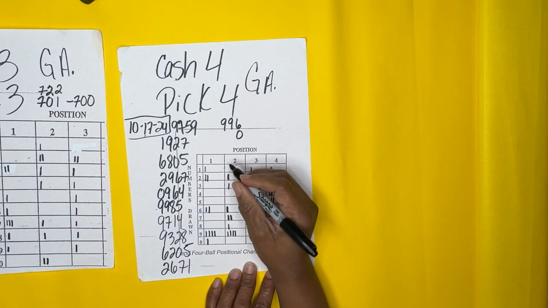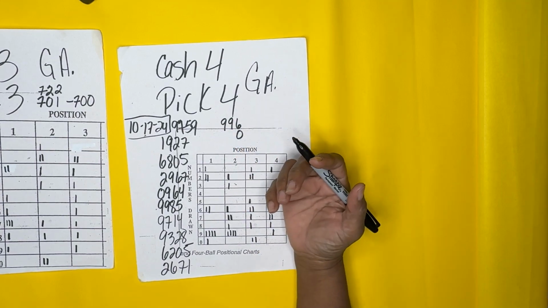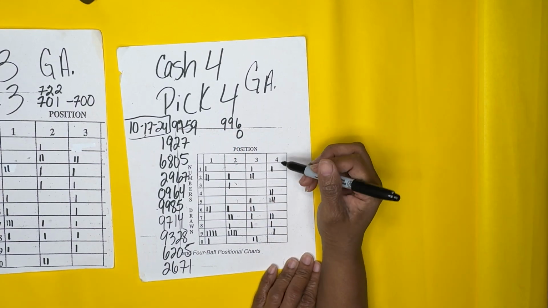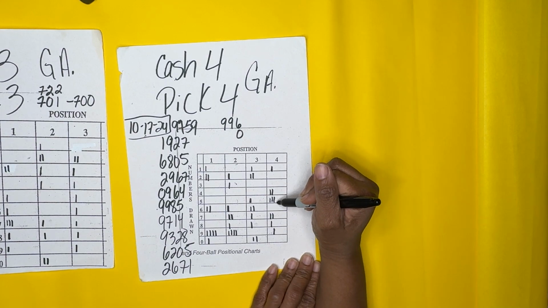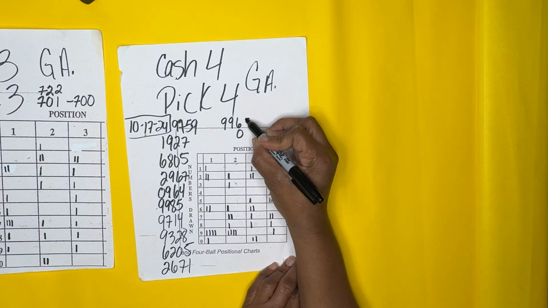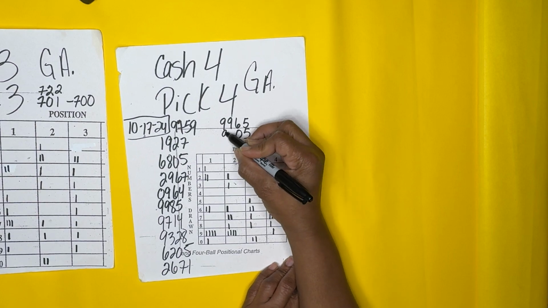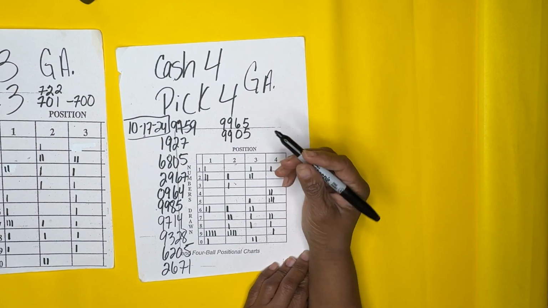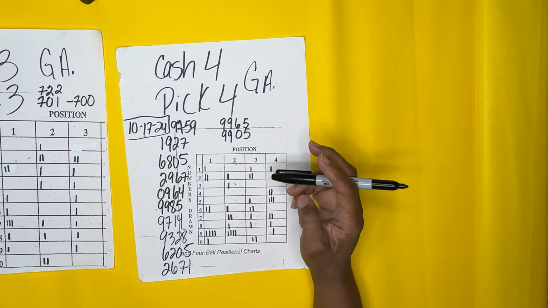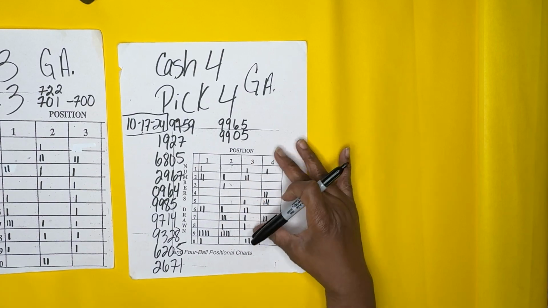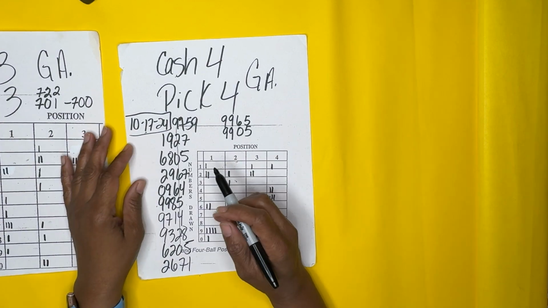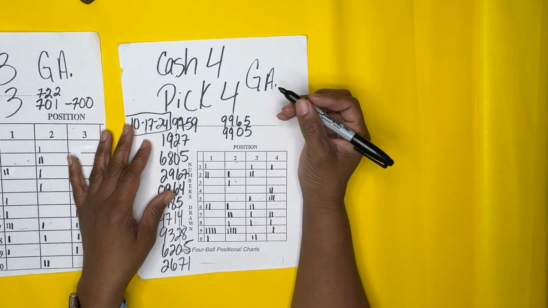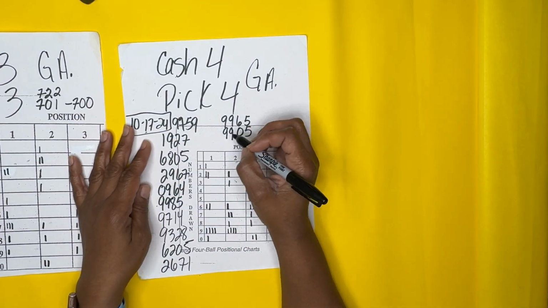And I do it like this so I know it's in that position. What's the most I see here is 5. So I'll put 5 here. And also the least numbers, meaning that I haven't fell in that position, would be 3, 4, 5, 7, 8. So this is how I do it.